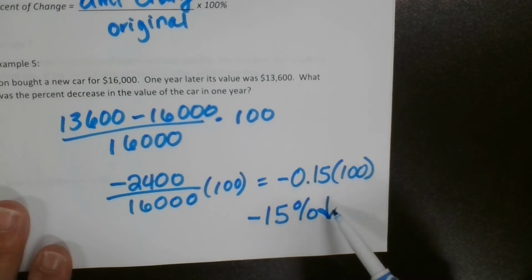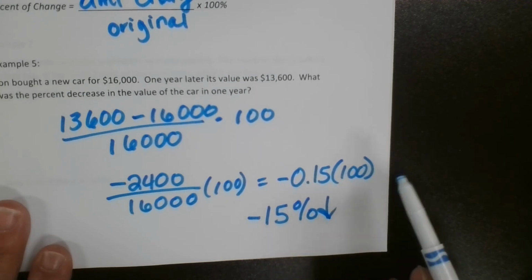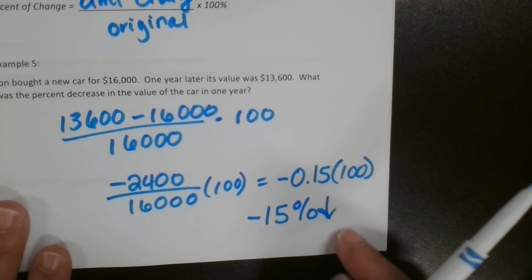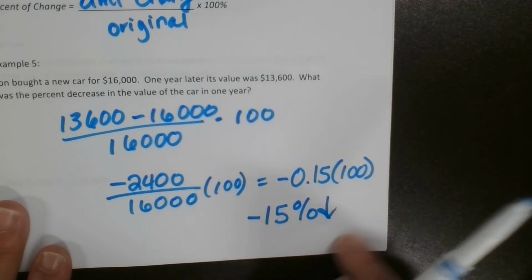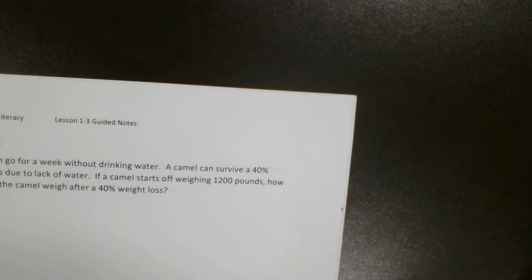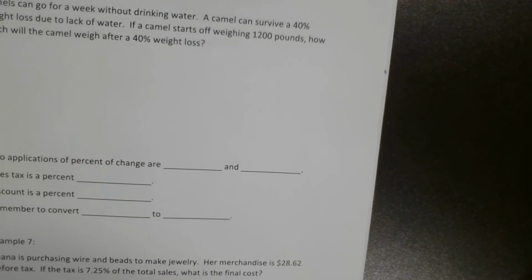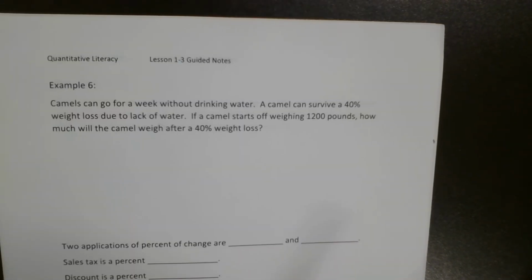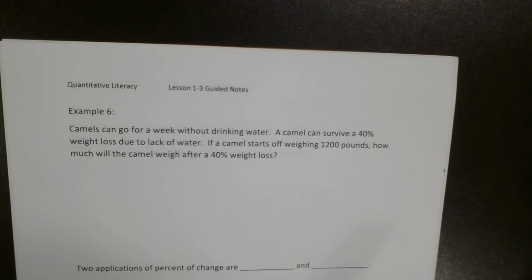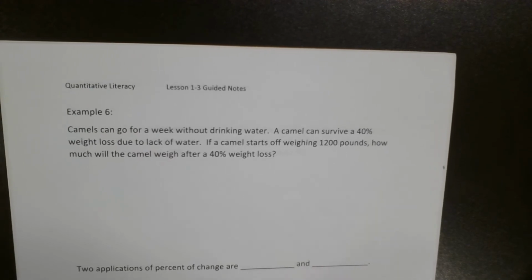Negative percent changes are decreases. That's important. In fact, I see them asking questions about this so that they can determine if you understand what percent of increase and decrease are. So you pause the video and try number 6 and then come back for the answer.